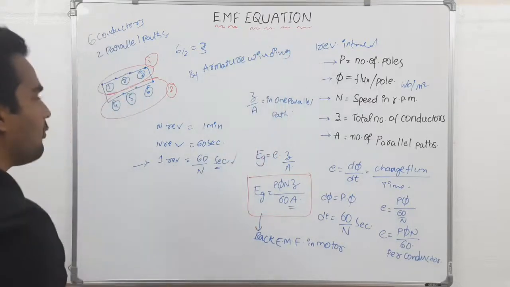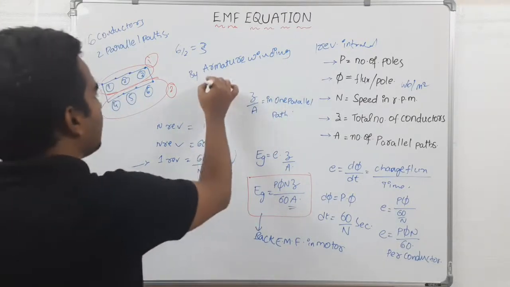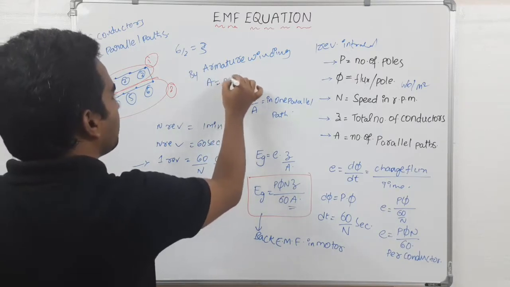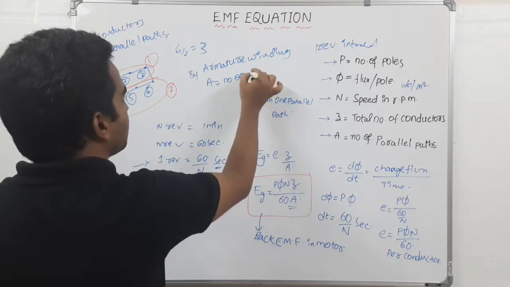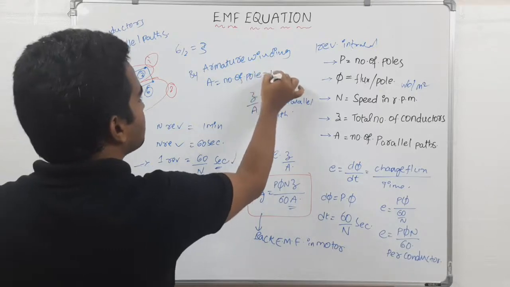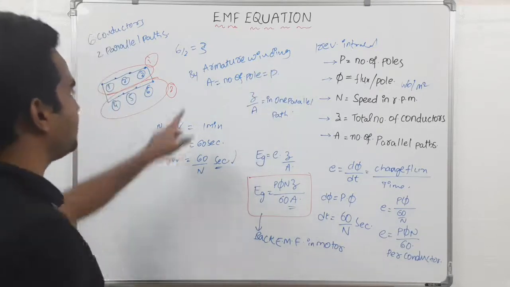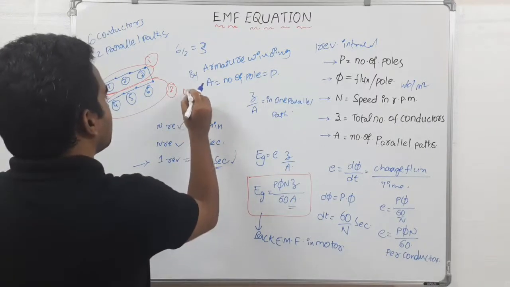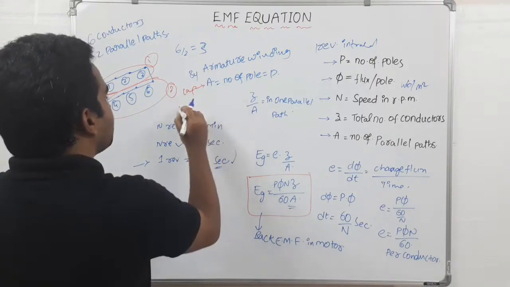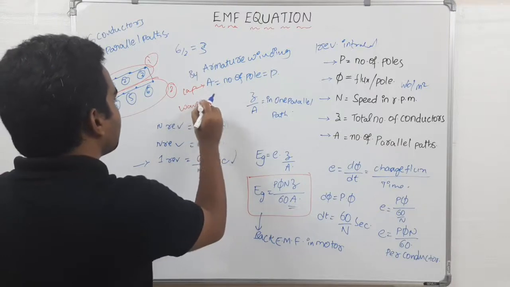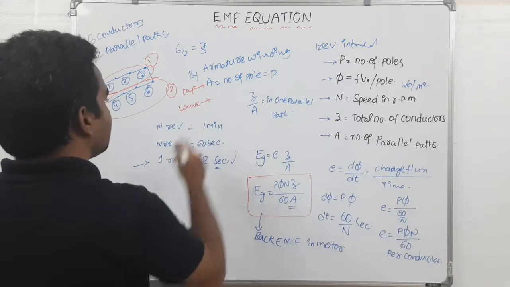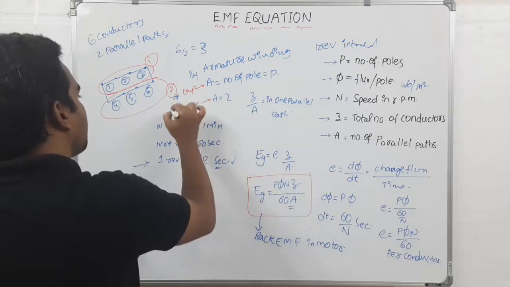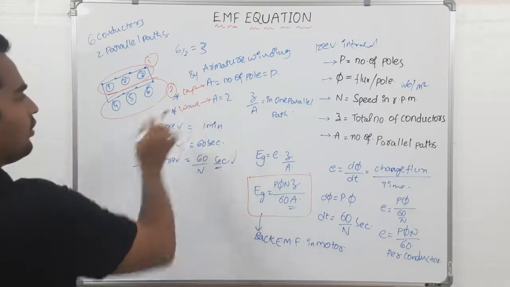If it is a lap wound armature, then the number of parallel paths A equal to the number of poles, which is equal to P. If it is a wave winding, the number of parallel paths A equal to 2. This is also a very important point. Please make a note of this.